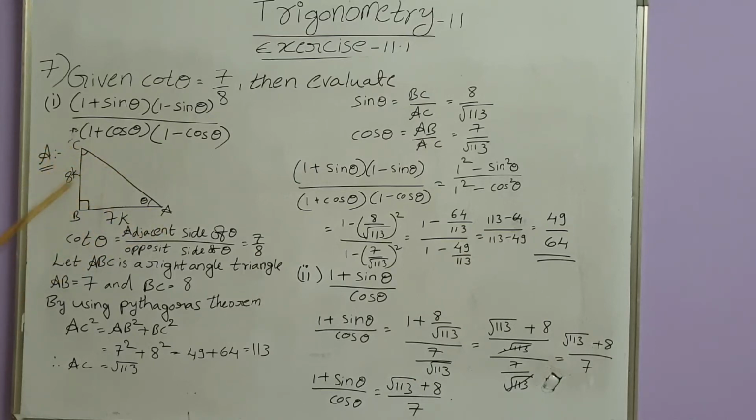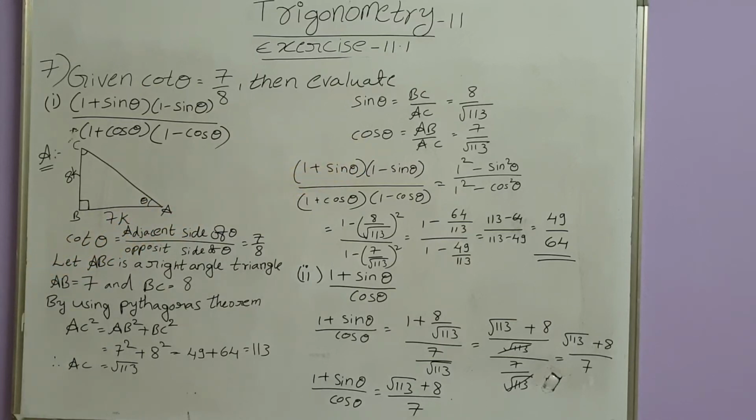BC value is 8 and AC value is root of 113. And cos theta, adjacent side of theta by hypotenuse, AB by AC. What is AB? 7 by AC value, the root of 113.